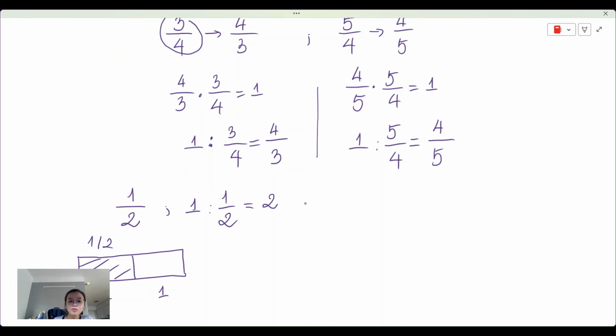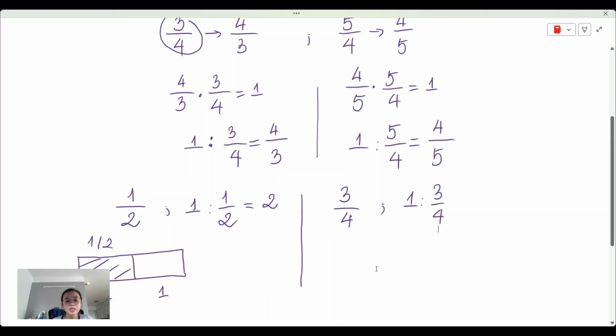Now, let's move on to another example that's a little bit more nuanced. Let's take the above example, 3/4. So how many of 3/4 fit into 1?